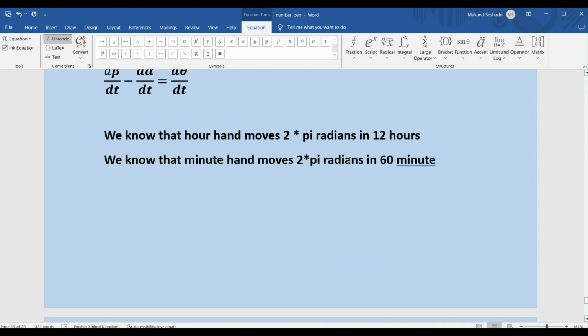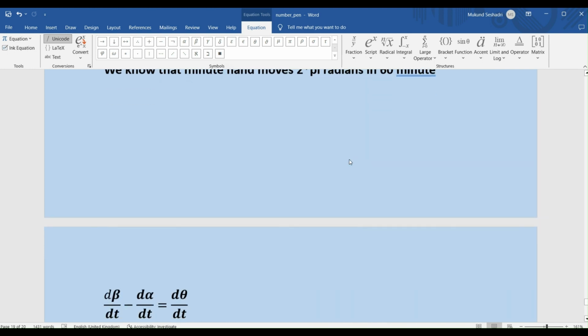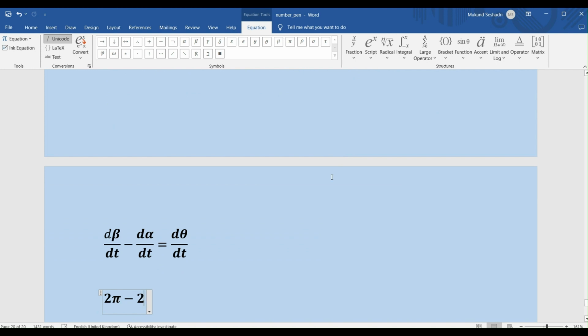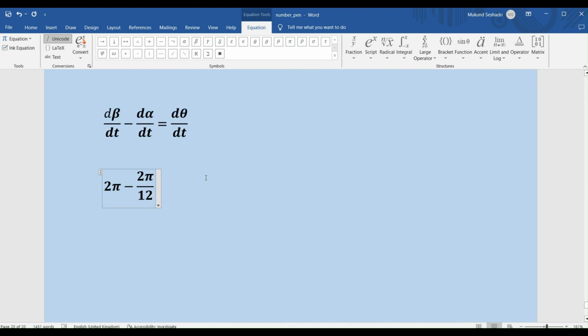It is the rate of change of the hour hand needle, so it is 2 pi radians divided by 12 hours, which is my pi by 6. So this is going to be equal to 2 pi minus pi by 6.